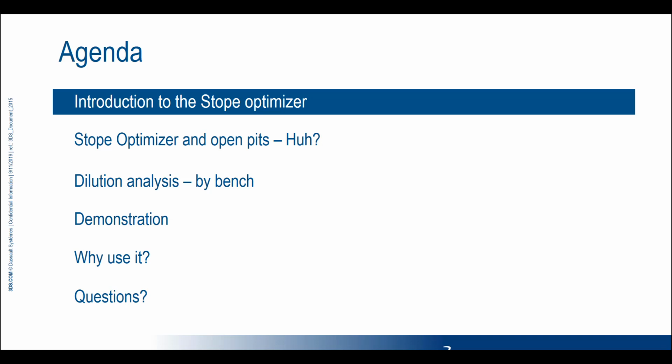The proof of concept discussion and presentation that we'll be having a look at is on dilution analysis on a bench-by-bench basis. We'll pop into Surpac and have a look at that. Finish off with some key points on how you might use the Stope Optimizer in your own particular scenario.